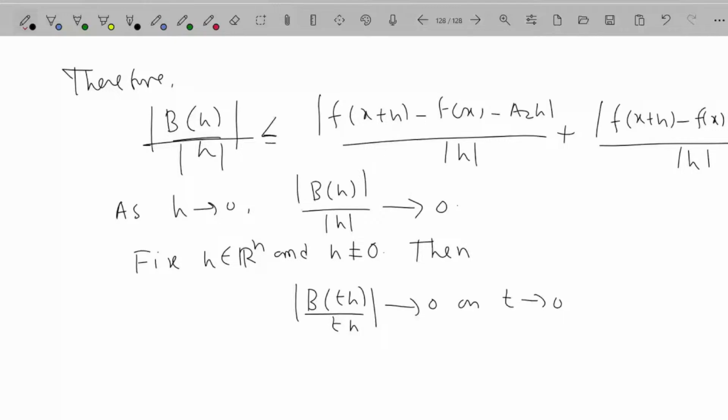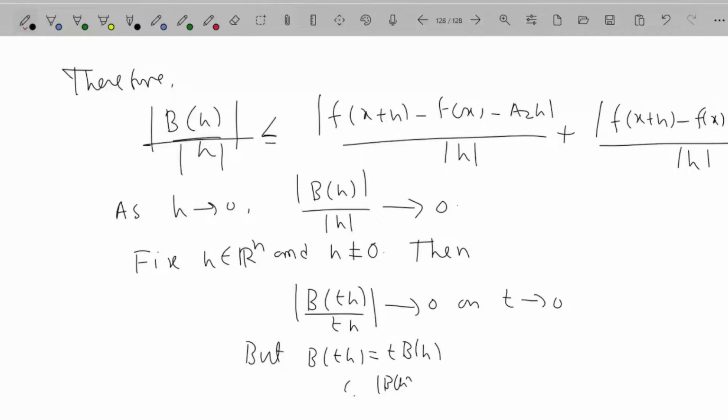Now because b is a linear operator, b of th is nothing but t into b of h. So therefore b of th should be t into b of h. So that means t will cancel out with what we are getting. Therefore bh by mod of h should be equals to 0.